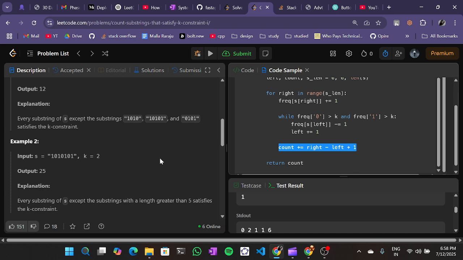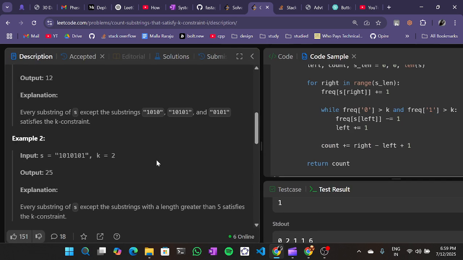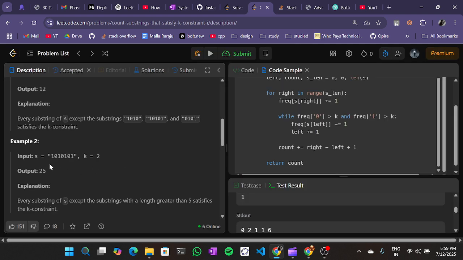That's one great way to do this. So he's adding until he's getting the count greater than k, and if the count is greater than k, then he's reducing the left.